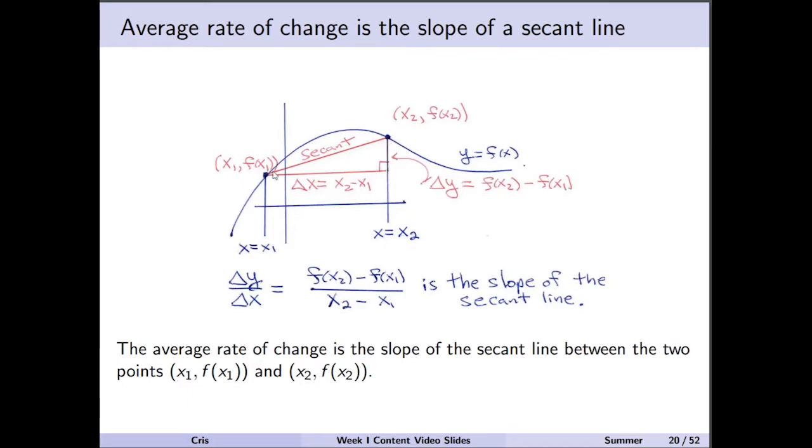And the change in x coordinates here is given by x sub 2 minus x sub 1. So the ratio is simply delta y over delta x, or the rise over the run. So the average rate of change is the slope of the secant line. And this is the identification we want to make here, that the average rate of change is equal to the slope of the secant line.